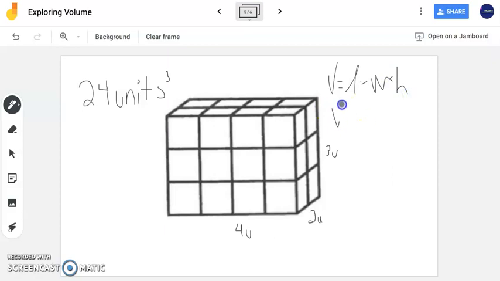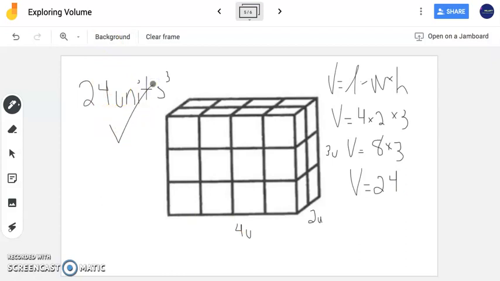So first, my length times my width is 4 times 2, times my height of 3. And I know that the area of my base, 4 times 2, is 8. Now I'm going to multiply that by my height, and 8 times 3 is 24 units cubed, which in fact is the same answer I got counting, so that means when I counted, this is correct.